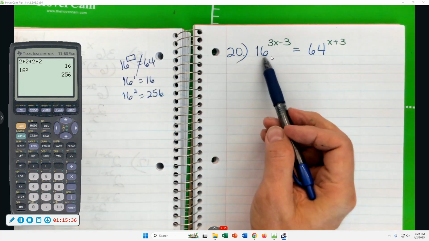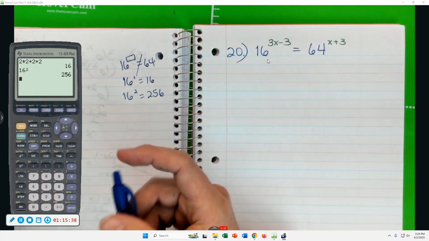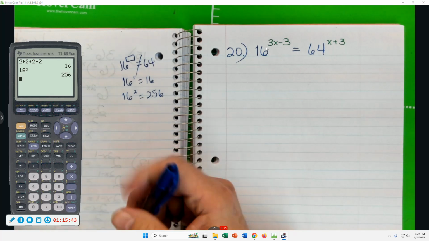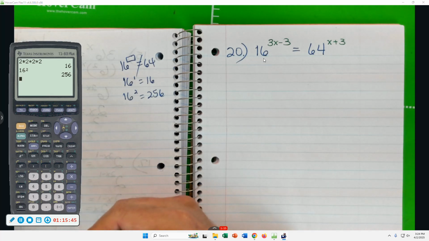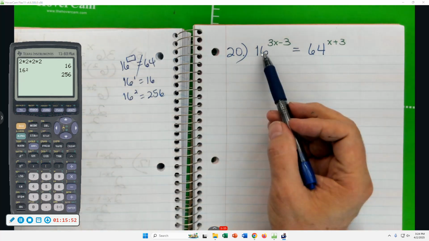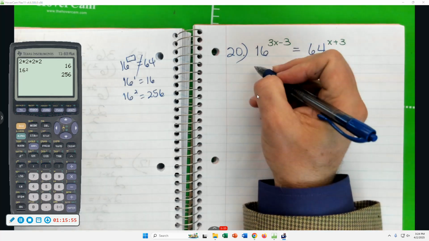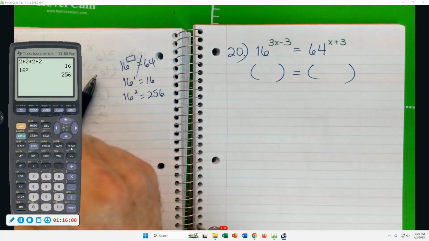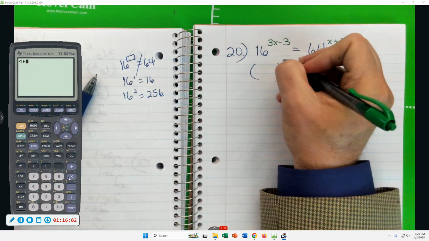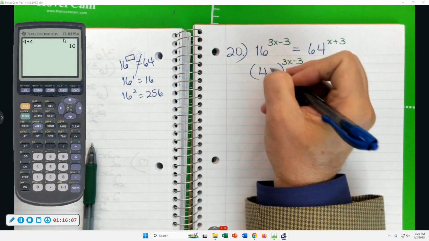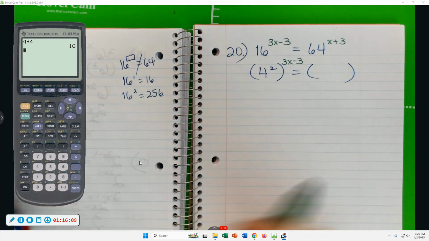When I see 16, I ask myself, how can I write that as an exponent? Something pops up real fast in my head. What times itself gives you 16? 4. I think we can use 4 for both of these. We know that 4 squared is 16.